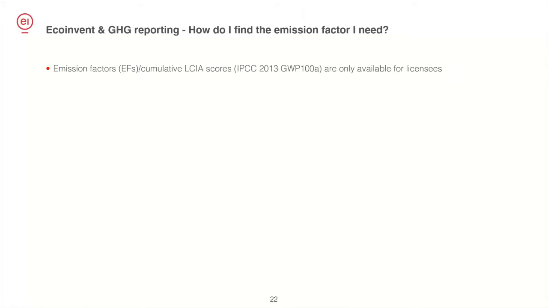Here it's also important to note that emission factors provided by ecoinvent usually refer to the entire IPCC method as implemented by ecoinvent. There's an exception for electricity, and I will talk more in detail about this later on.